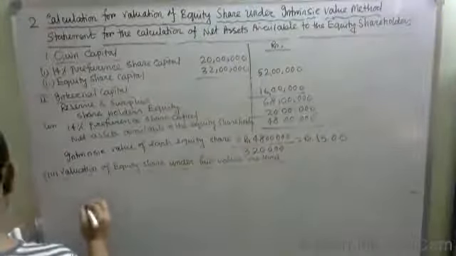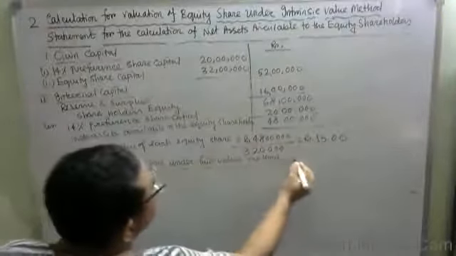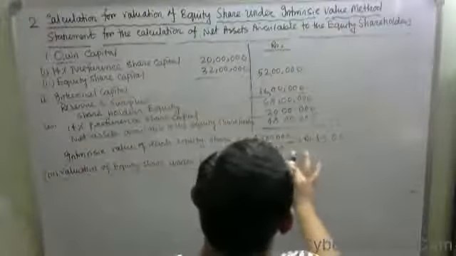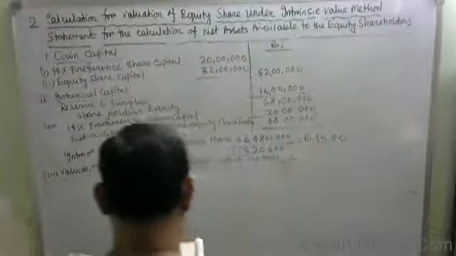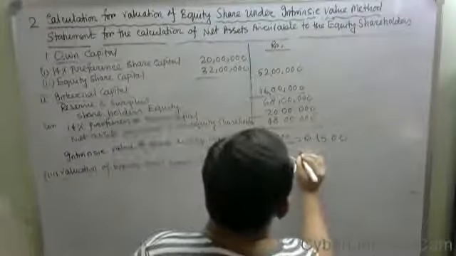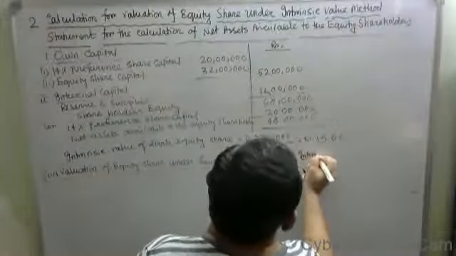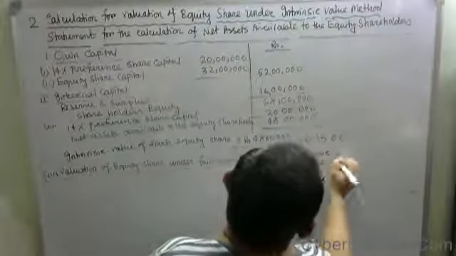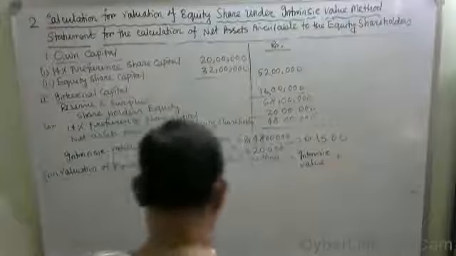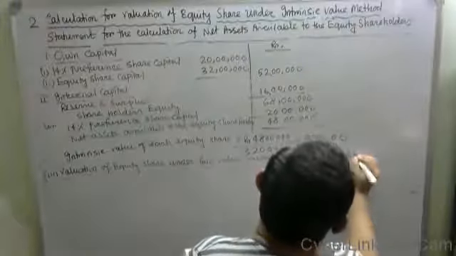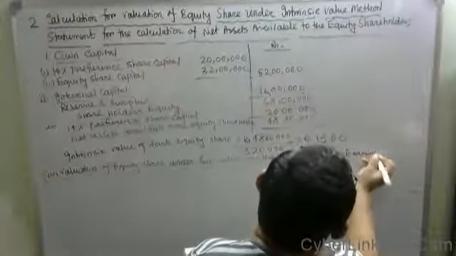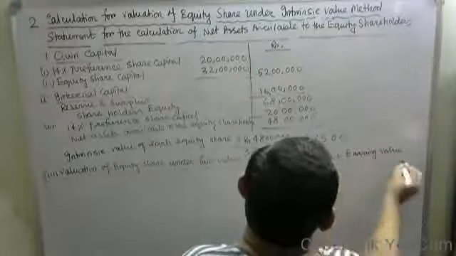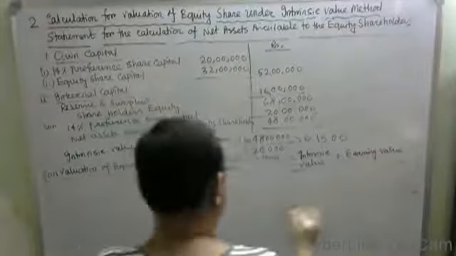Fair value equals intrinsic value of each equity share plus value of the equity share under earning capacity method, divided by 2.